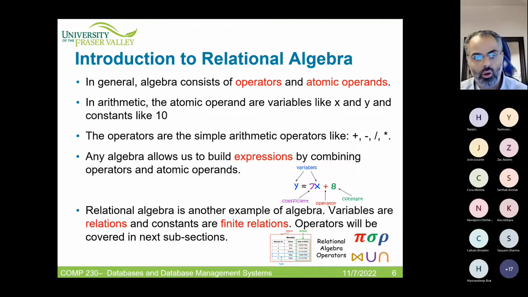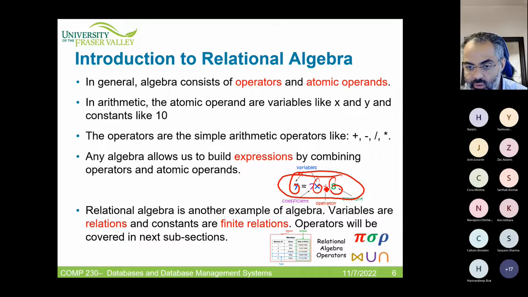As we said, the normal algebra that we know talks about operators and operands, like this here. This is an expression. Here we have variables, here we have constants, and here we have the operator. And this is an algebraic expression.